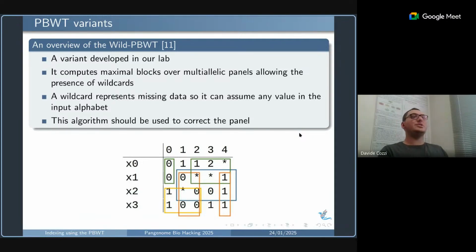So as you can imagine, this problem is exponential in time, and using the PBWT it remains exponential in the worst case. But it can easily run also on real-world panels with an error rate of 1, 2, or 5%. And yes, this algorithm could also be used to eventually correct the reference panel.